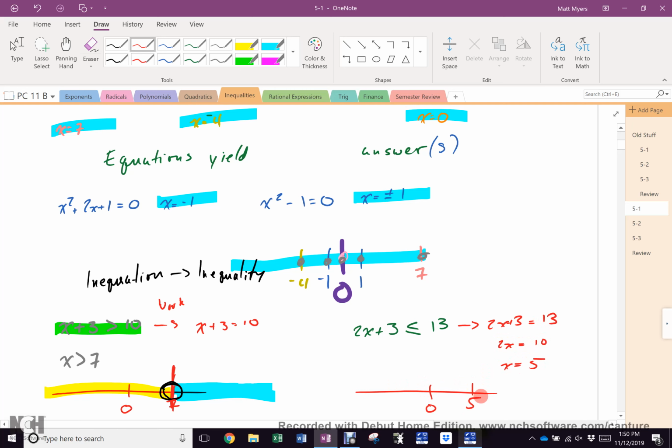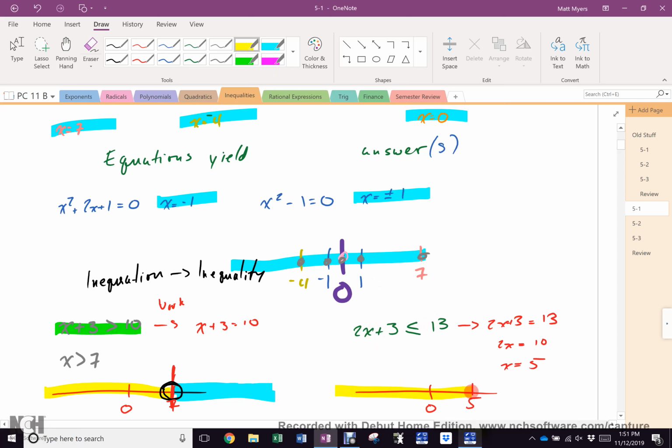Yes? What have we done to the x-axis? Split it in two. I have all the numbers to the right and all the numbers to the left. What's the easiest number to check? 0. What is 2 times 0? What's 0 plus 3? Is 3 less than or equal to 13? It is less than 13, isn't it? So that means 0 works here, doesn't it? So that means I color in that part.